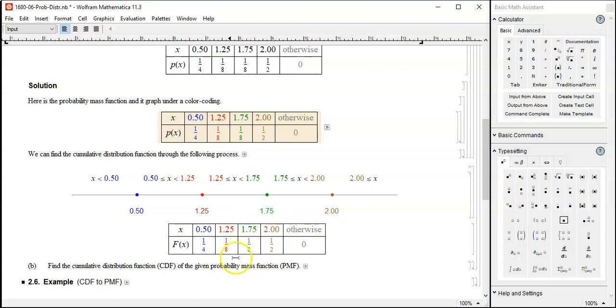This was just copied and pasted from before, so none of these numbers here matter, as a matter of fact. Then let's put appropriate inequalities here.